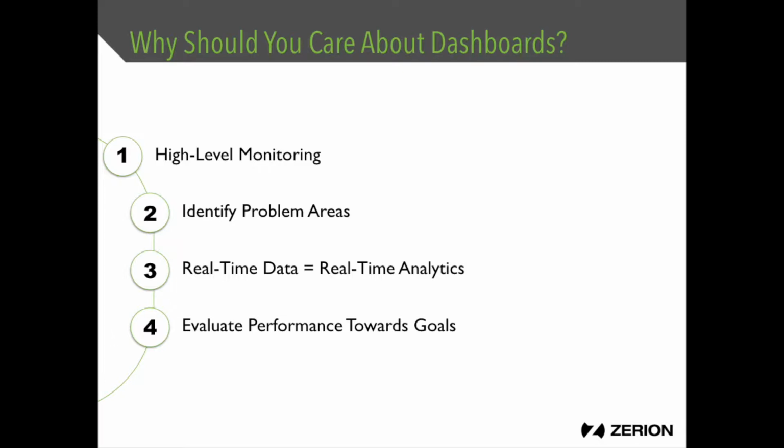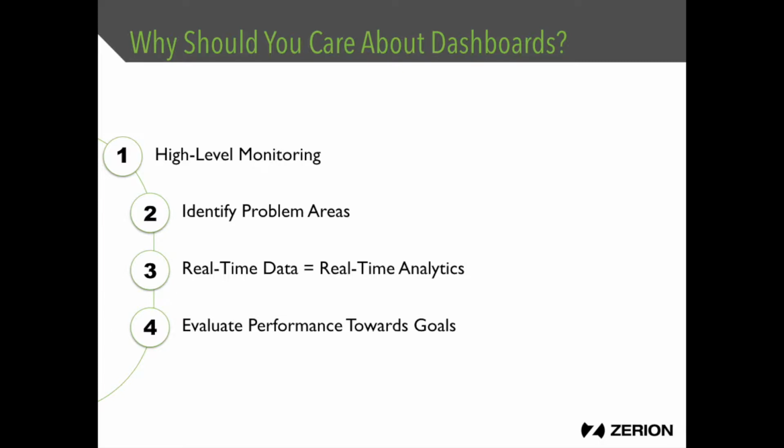The next thing is real-time data. Having real-time data is real-time analytics, which in turn leads to real-time decision making. So if you see maybe an inspection has failed for a severe reason, maybe someone's going to get hurt, you see that data in real time, you can identify that and act on it right away, instead of waiting for the data to come in a couple of days later when maybe there's a safety hazard or something that you could have prevented.